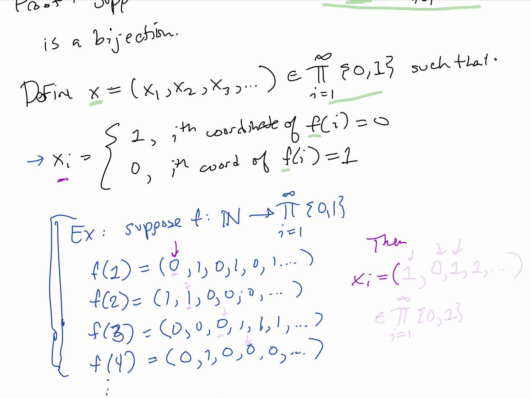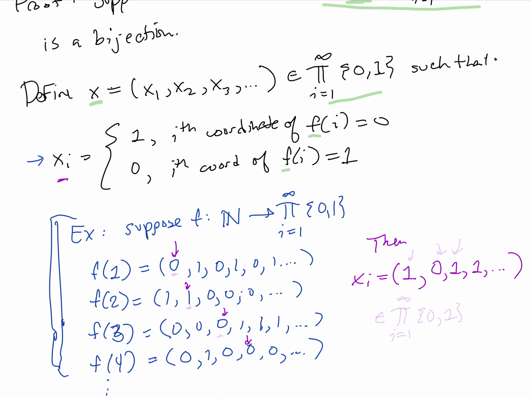So the first coordinate is defined by f(1), and because the first coordinate of f(1) is 0, that means that over here we have the opposite coordinate. Now f(2) has second coordinate 1, and therefore x2 must be 0, the opposite. f(3) has third coordinate 0, and therefore x3 is going to be the opposite. And f(4) has fourth coordinate 0, so therefore this is a 1, and so on.